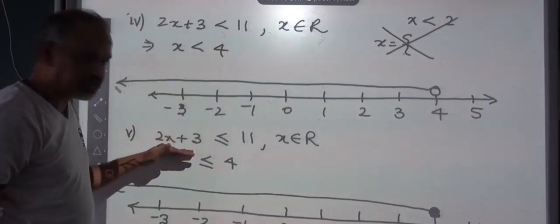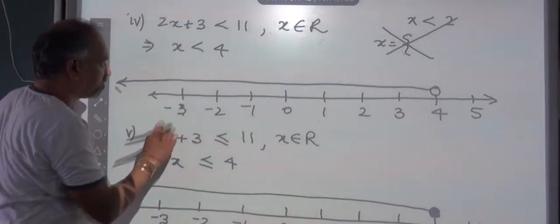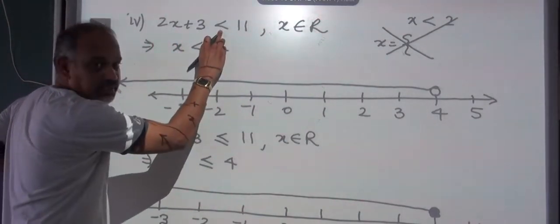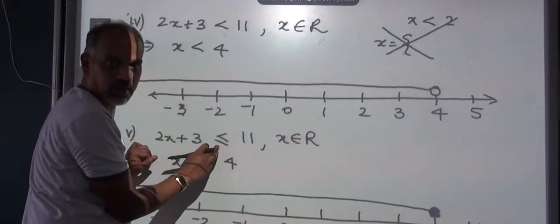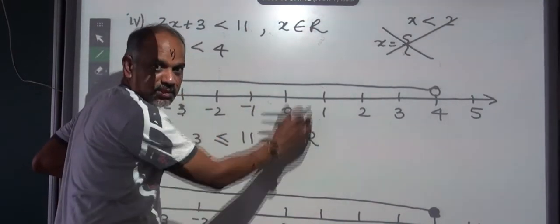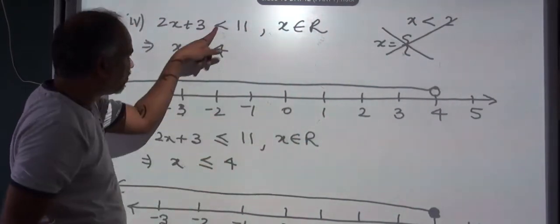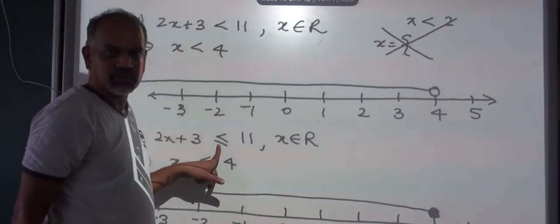The same sort of example, I have changed something a little bit. 2x plus 3, this was less than, I have made this less than or equal to 11, and x belongs to real numbers. Almost everything is the same except for the sign which is here. This was less than, this is less than or equal to.